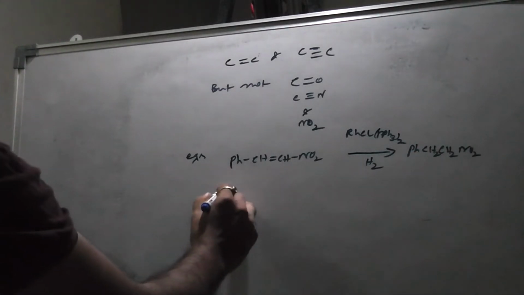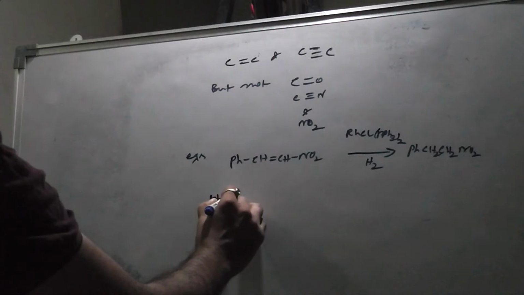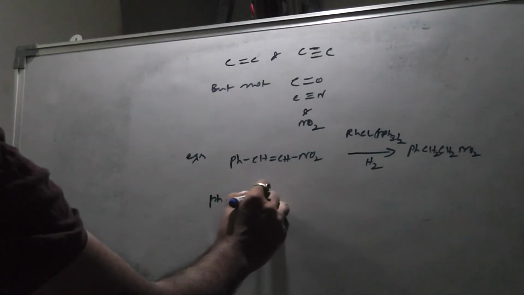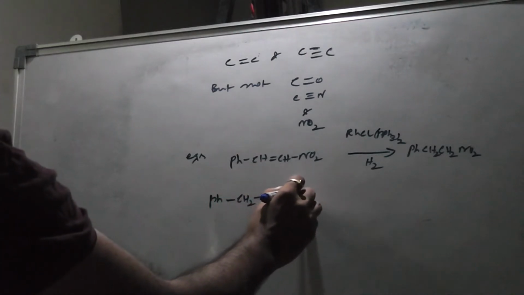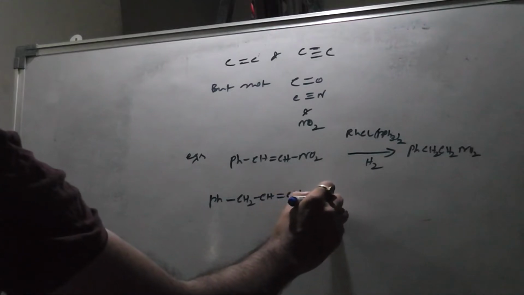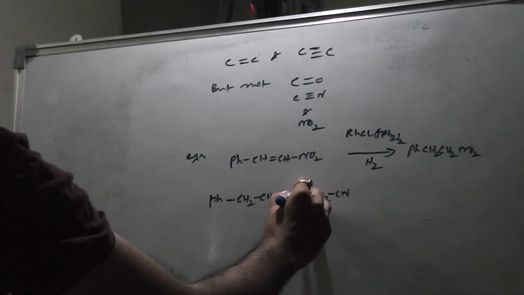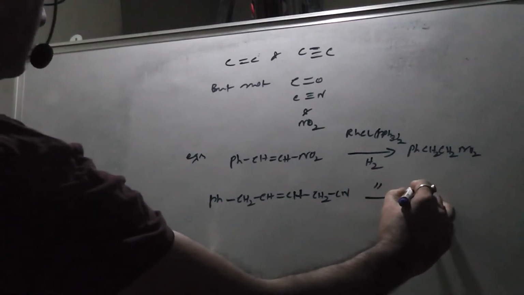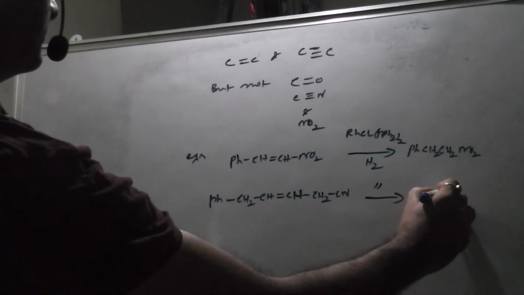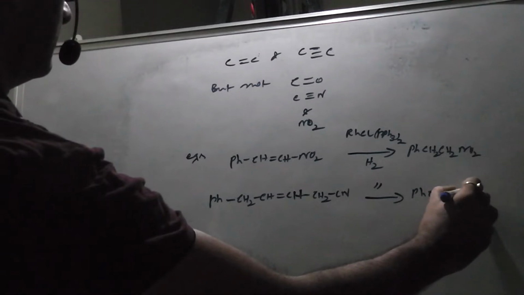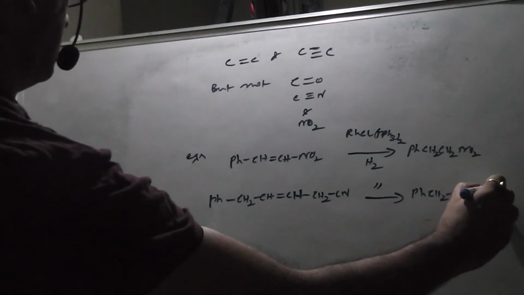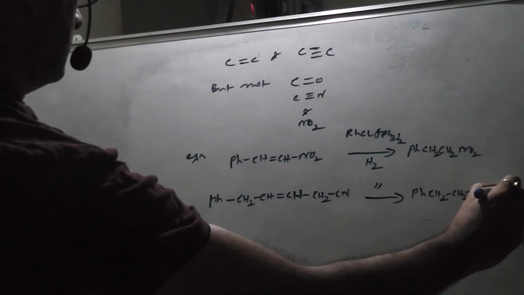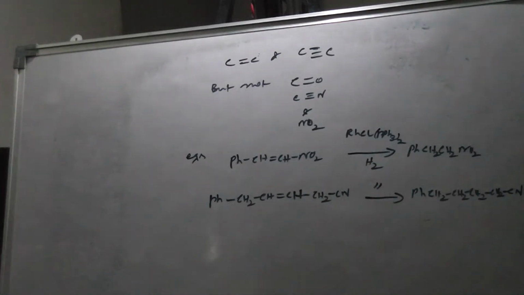Similarly, if a cyano group is there, in the presence of the catalyst the double bond will be reduced and the cyano group will be untouched. That is one of the merits.